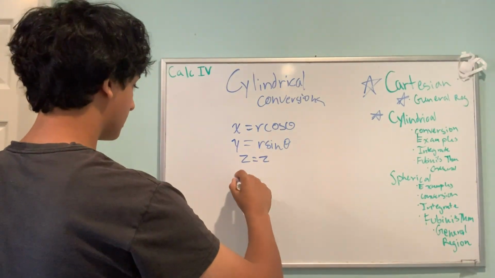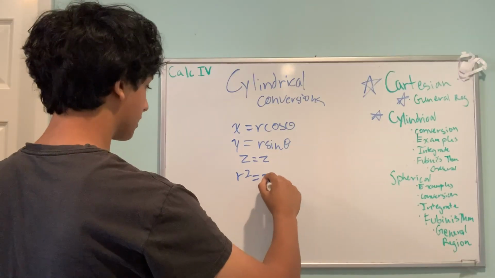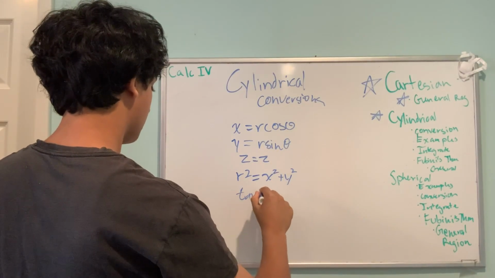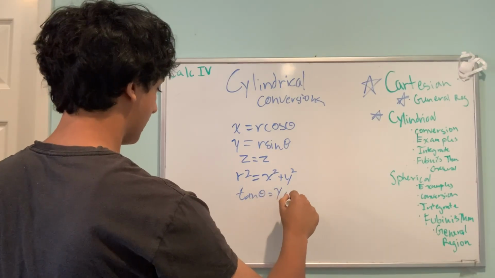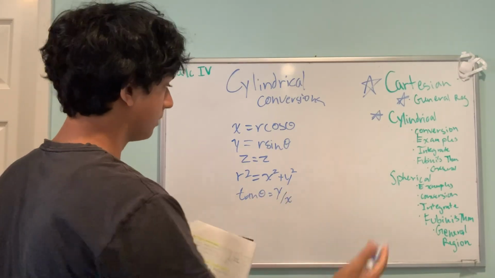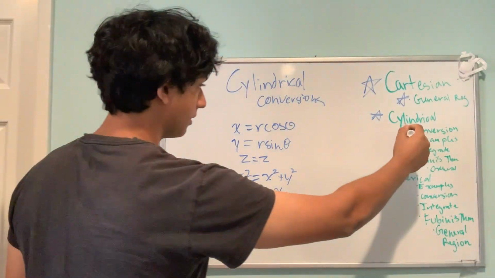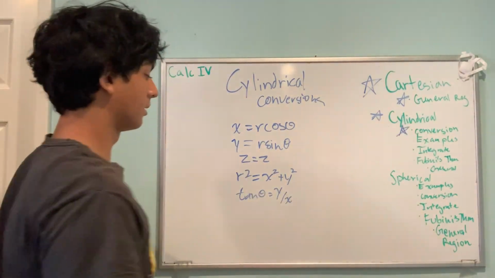Some more things to consider: r squared equals x squared plus y squared. Tangent theta equals y over x. And yep, these are pretty much all the conversions that you'll really need, like the base conversions.